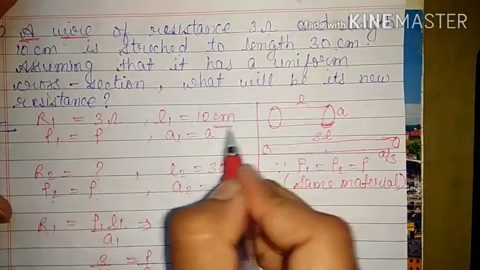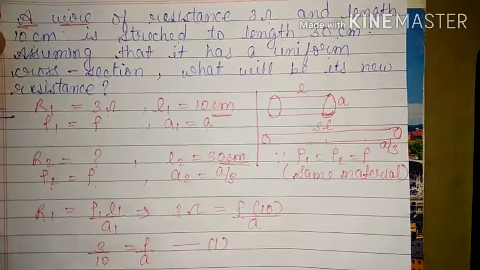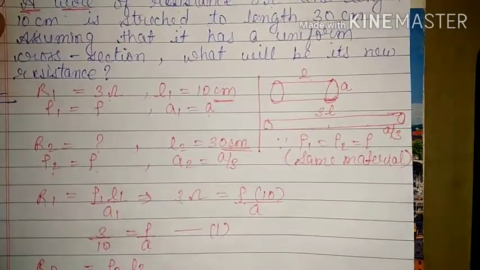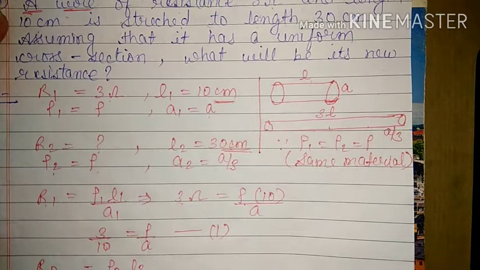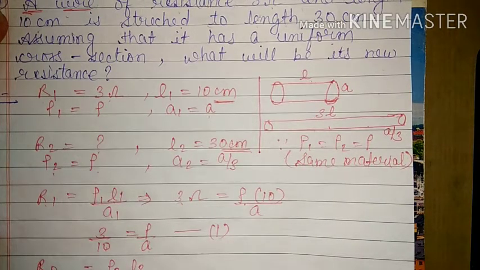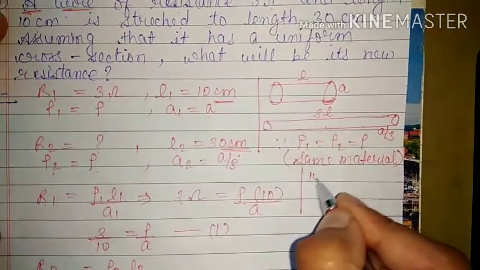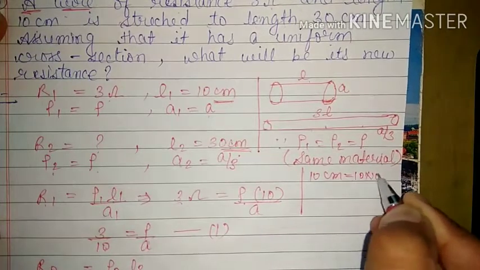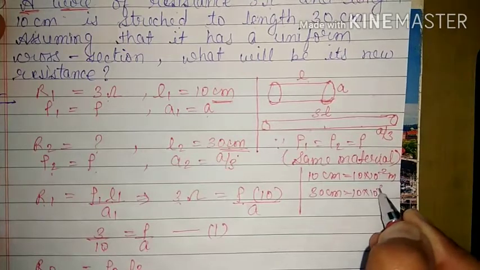Okay. Here again we are having one thing, that is, this is in centimeter, this is also in centimeter. But in all these questions we are finding the other resistance with the help of first resistance. That means we are actually comparing the resistance. We are not having all the numerical values of resistivity and area. So in that case, no doubt you can convert it into meter. 10 centimeter is equal to 10 into 10 raised to power minus 2 meter, and 30 centimeter is equal to 30 into 10 raised to power minus 2 meter.